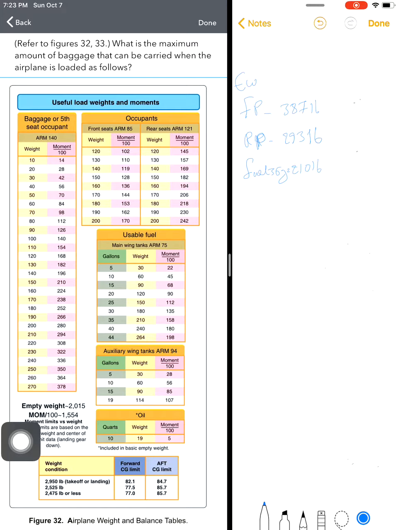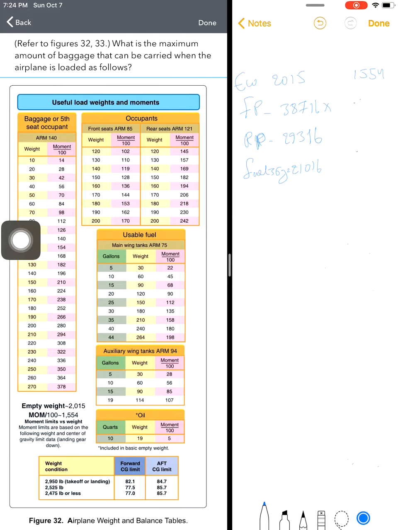Empty weight is 2015, and your moment is by hundreds, 1554. Okay, that's perfect. Now take a look at this. Front passengers, we don't go that high, 387 pounds. So let's multiply by arm that.